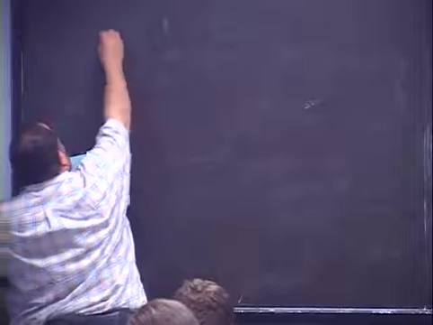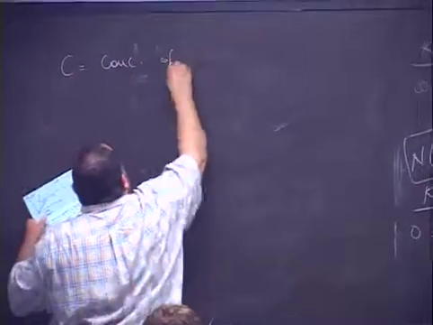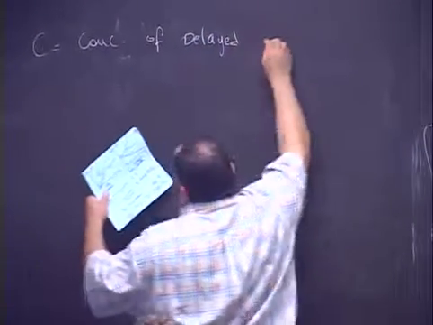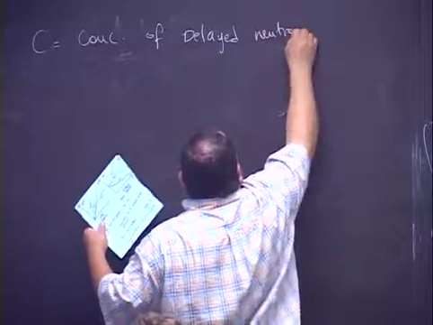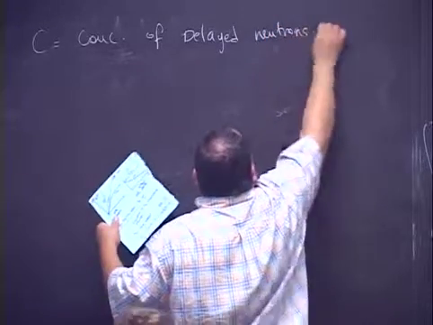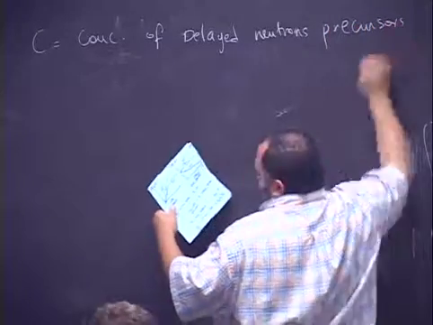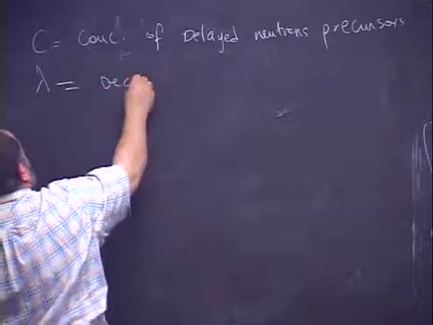So let's assume that C is the concentration of delayed neutron precursors, and lambda is just the decay constant.